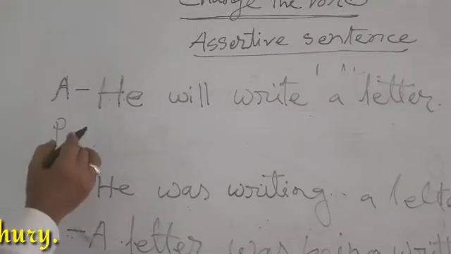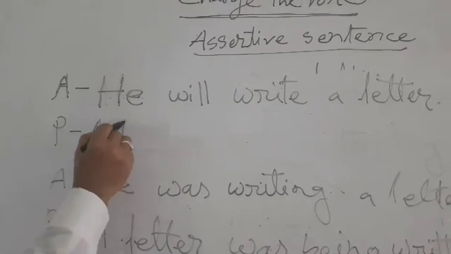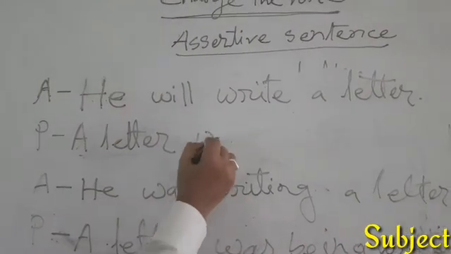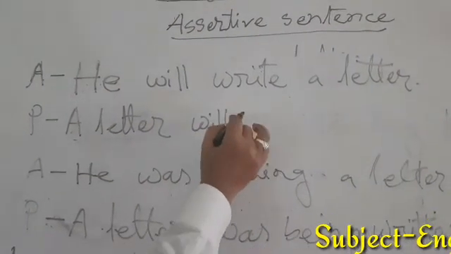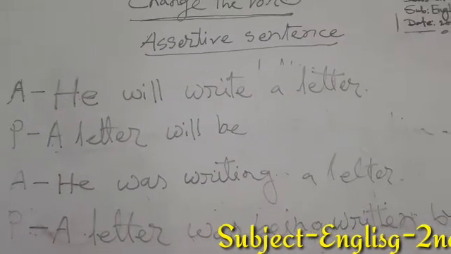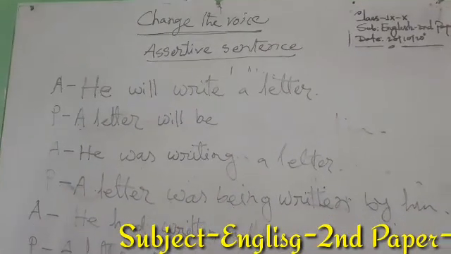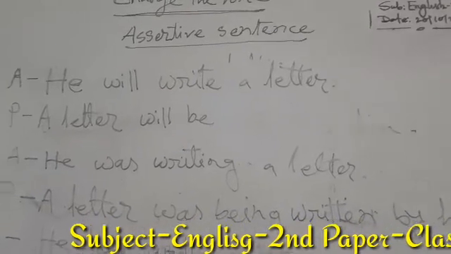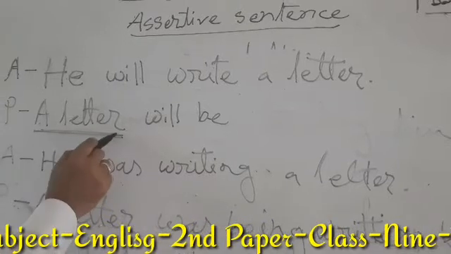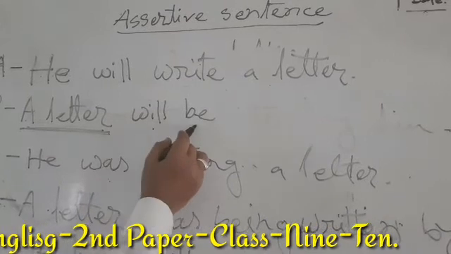Our passive will be a letter will be, helping verb will be, shall or will. To convert into passive, shall be or will be. As it is third person singular number, so we use will be.